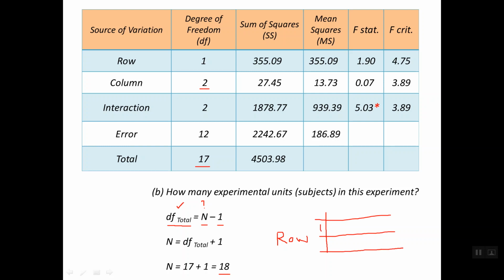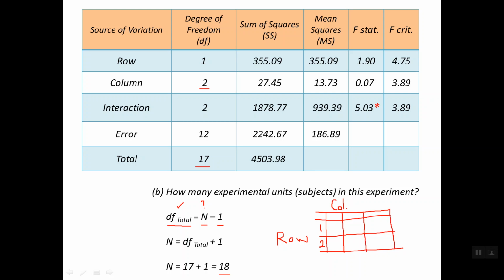This is for level 1 and this is for level 2. And regarding the second factor, which is the column, we have 3 levels for this factor.